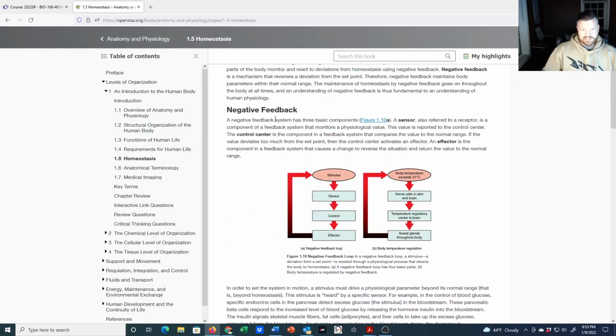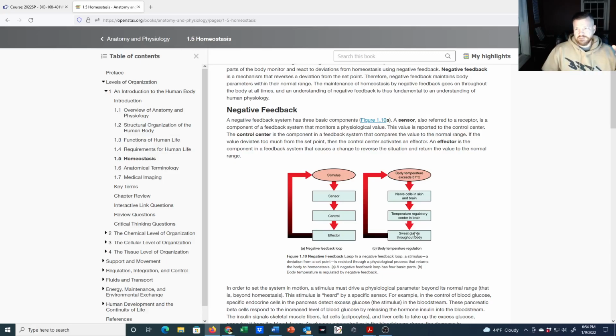The way to think of a negative feedback mechanism is it wants to change the direction of whatever that stimulus is. The easiest one, I think, for most students to conceptualize is the one they use here, body temperature. As your body temperature either goes up or goes down, your body wants to change that direction. So as you get too hot, your body wants to cool itself down, right?